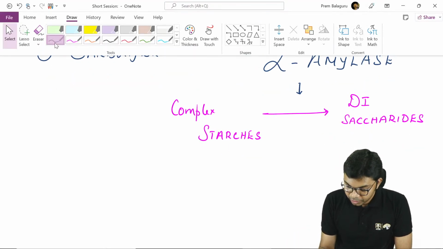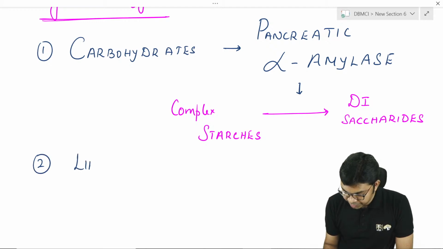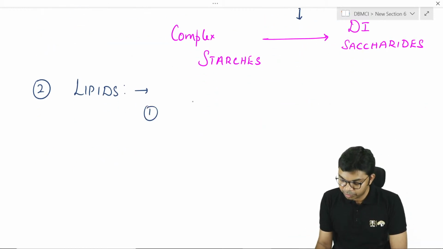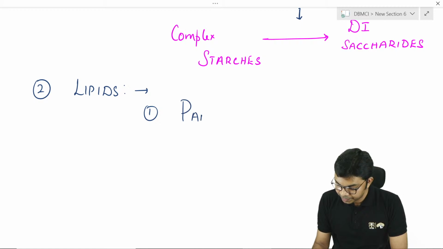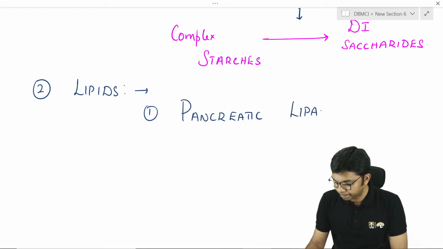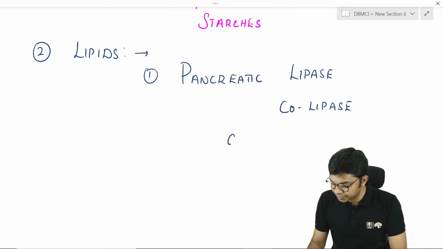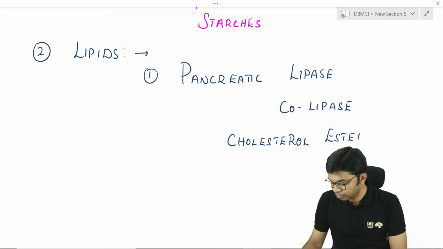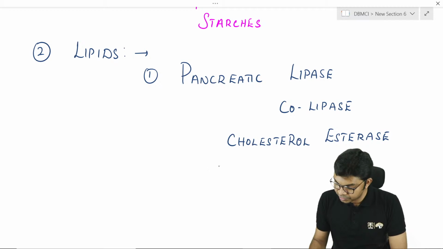When it comes to digestion of lipids, there is going to be pancreatic lipase, and there is going to be pancreatic colipase, cholesterol esterase as well as phospholipases.